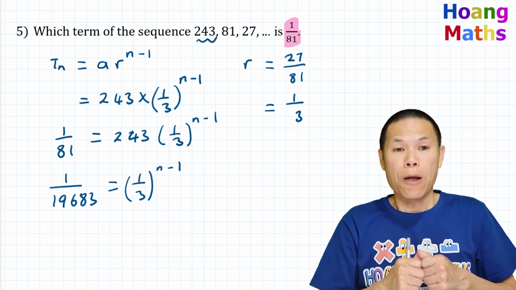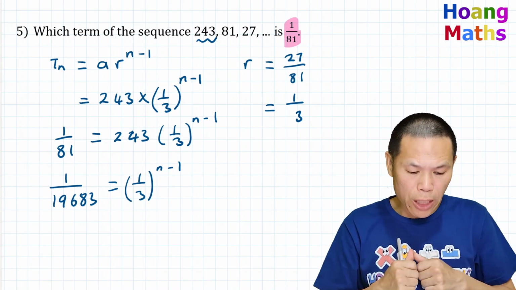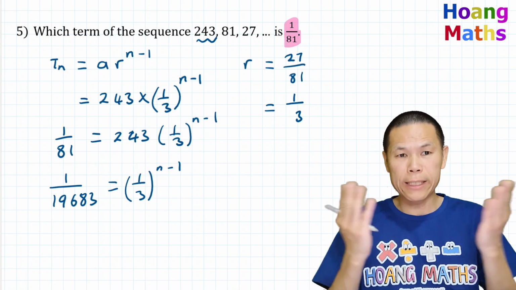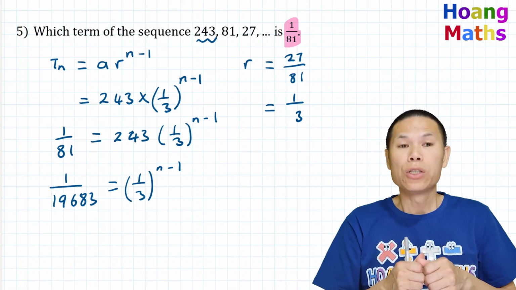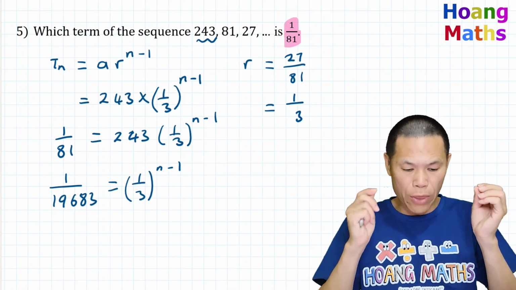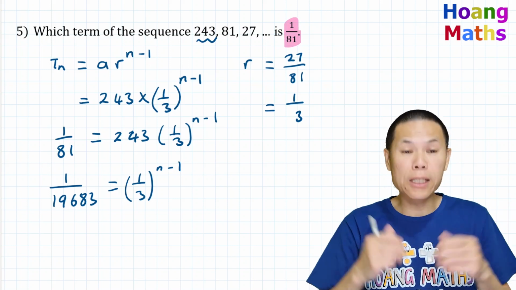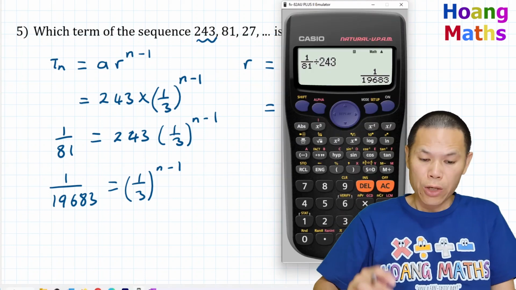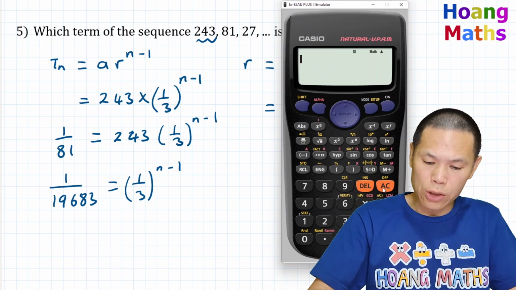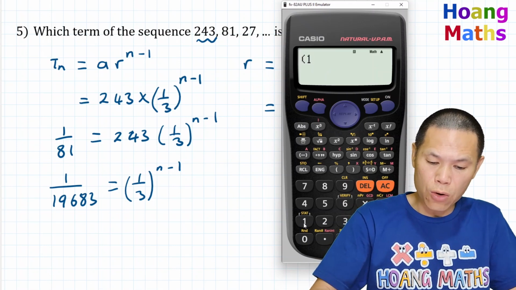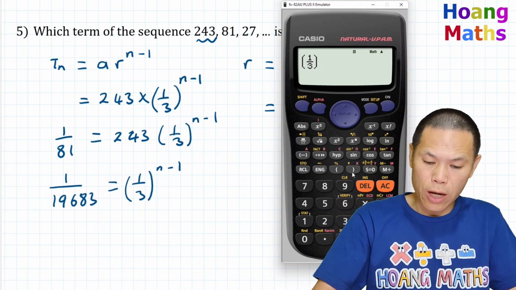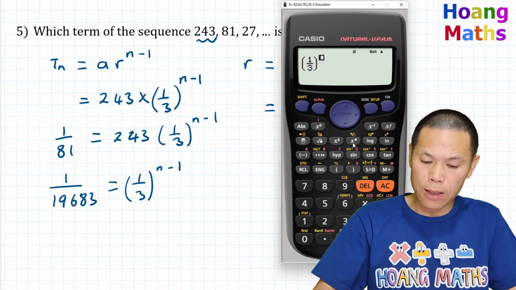But then we have to use guess and check, or you can use log law, but in this case, just using guess and check will do. So I just go 1/3 to the power of a number will give me 1 over 19,683. I go bracket 1 over 3, brackets, to the power of, let's say 10.